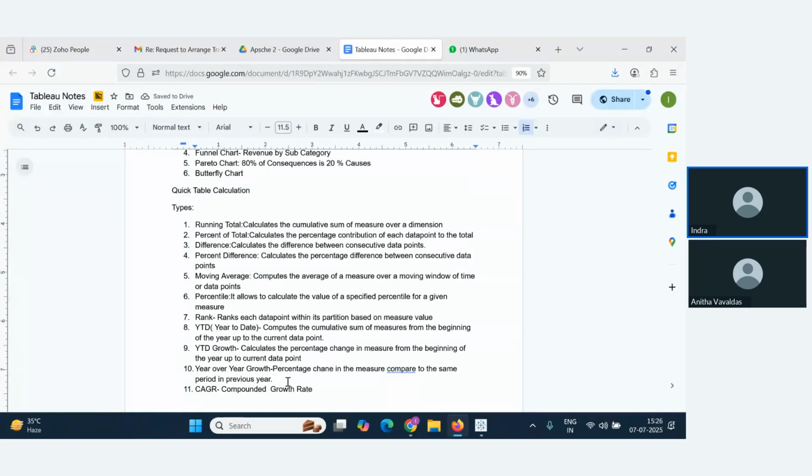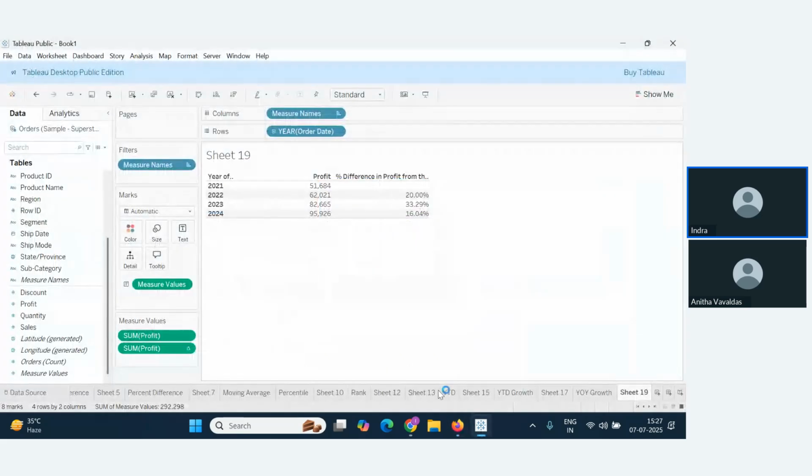Basically, CAGR is a financial metric through which you can find out the annual growth rate of any business activity over a specified period of time. Okay, we are assuming that the growth is happening at a steady rate and it is compounding annually. Okay, so we'll see that also.